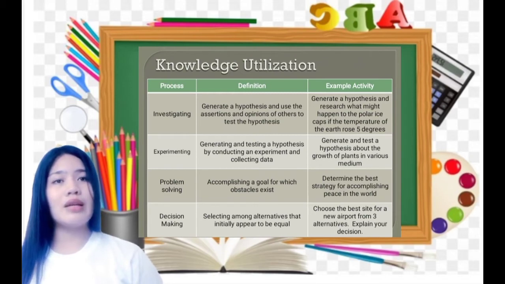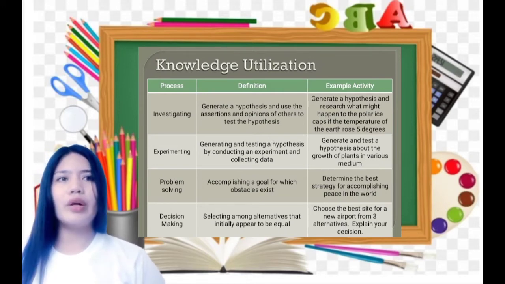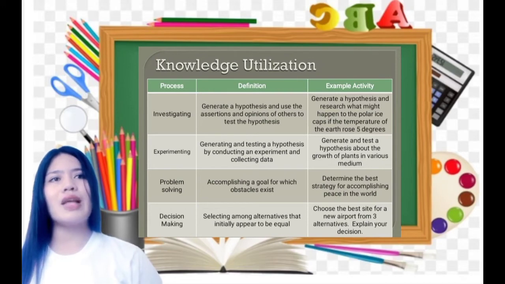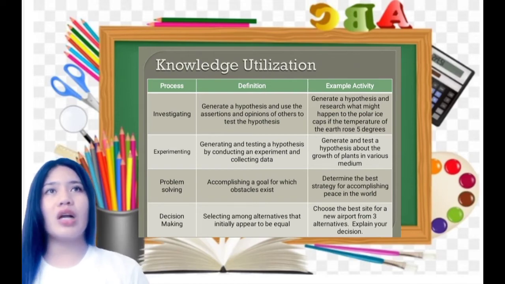In experimenting, it is generating and testing a hypothesis by conducting an experiment and collecting data. For example, generate and test a hypothesis about the growth of plants in various mediums. Then in problem solving, it is accomplishing a goal for which obstacles exist. For example, determine the best strategy for accomplishing peace in the world.